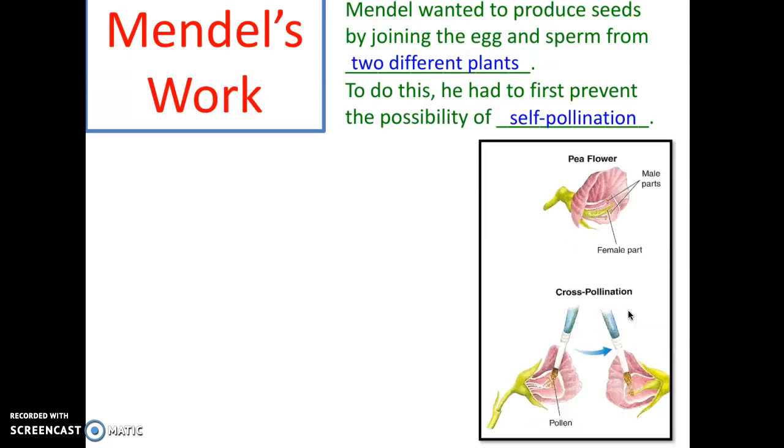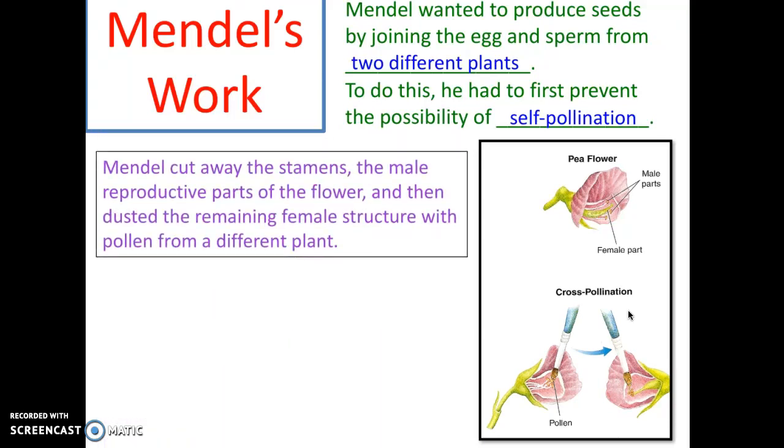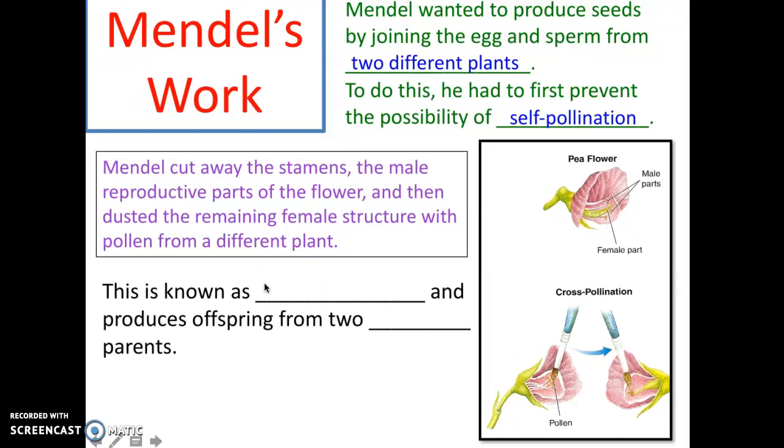We are removing them, and I am going to manually paint with a paintbrush the pollen from one plant onto the pistil from another. And so that's exactly what he did. He took all of the male parts, he clipped them, and then he would paint on the desired pollen onto that stamen. This is known as cross-pollination, so when you take one and cross it to another, and it creates offspring from two different parents.